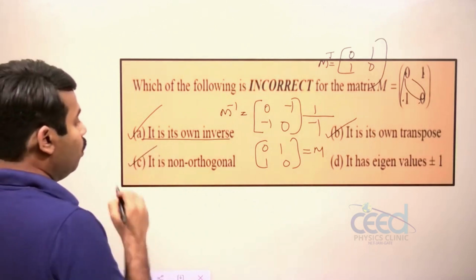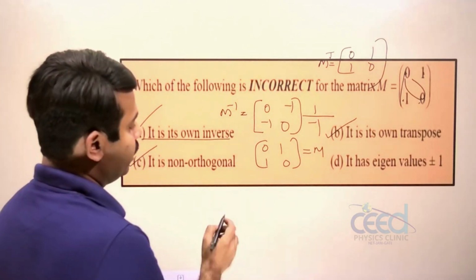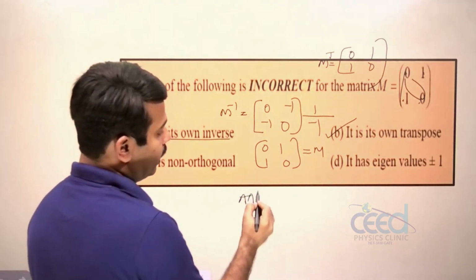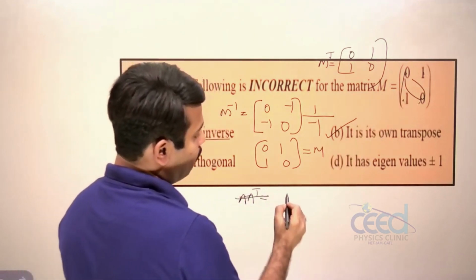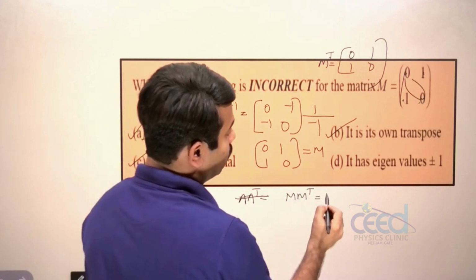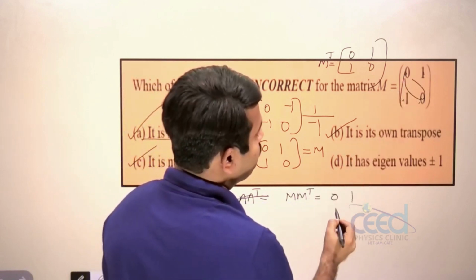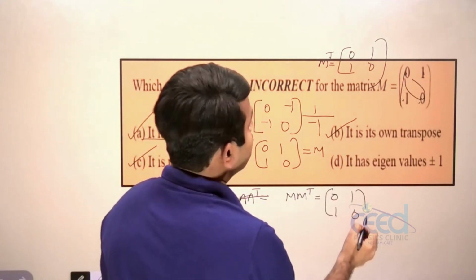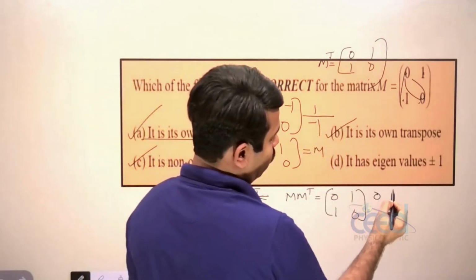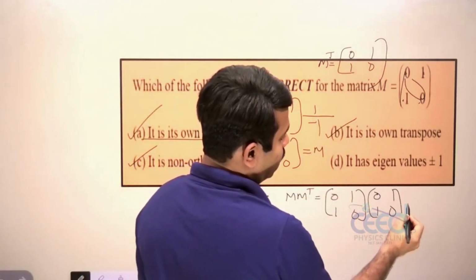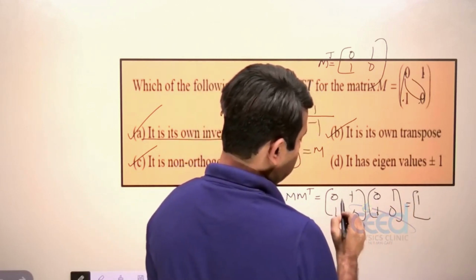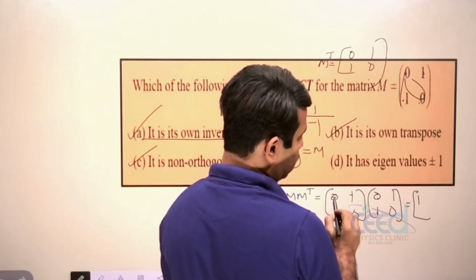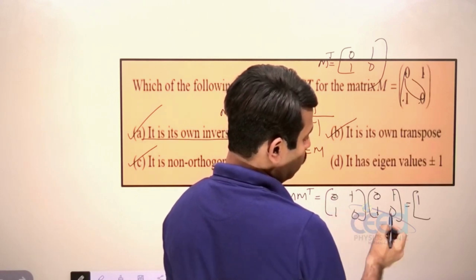Now, it is non-orthogonal. Suppose you find A times A transpose. Here we get M times M transpose. M is 0, 1, 1, 0, and the transpose is also the same, 0, 1, 1, 0. By multiplying: 0 plus 1, that is 1. 0 plus 0, 0.